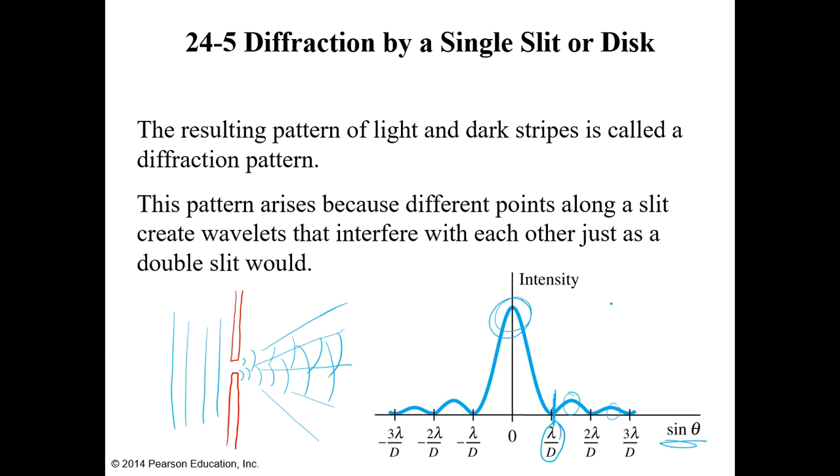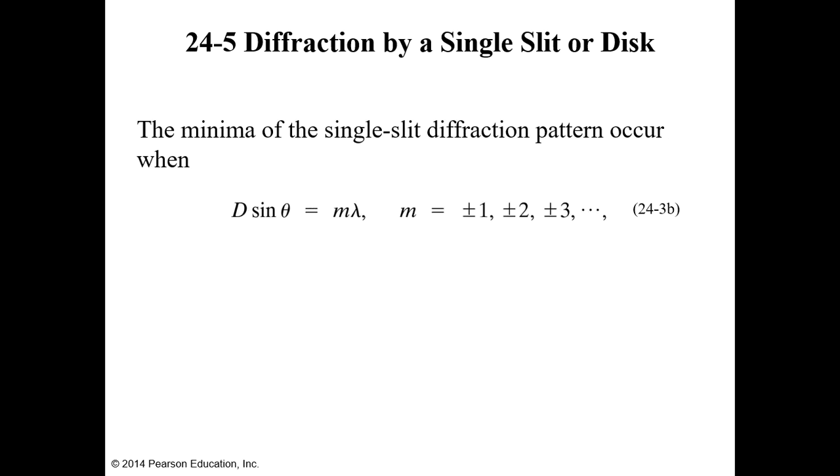So in this case, sine theta is going to be at a value of lambda over d, and that's going to be a region of destructive interference. Well, you get it again at 2 lambda over d or 3 lambda over d, so we're going to just use the m number here again. Sine theta is equal to m lambda over d. Simplifying that, that means d, the diameter or the width of the slit, times the sine of theta is going to equal m lambda, where m is plus or minus 1, plus or minus 2, plus or minus 3, and so on. But this is for the minima.